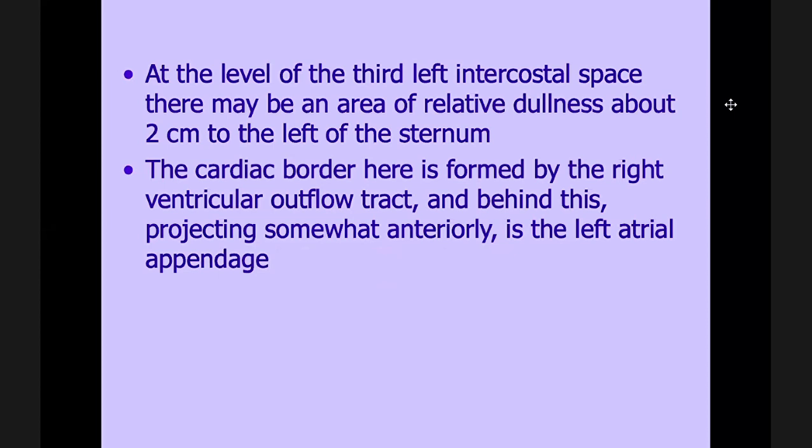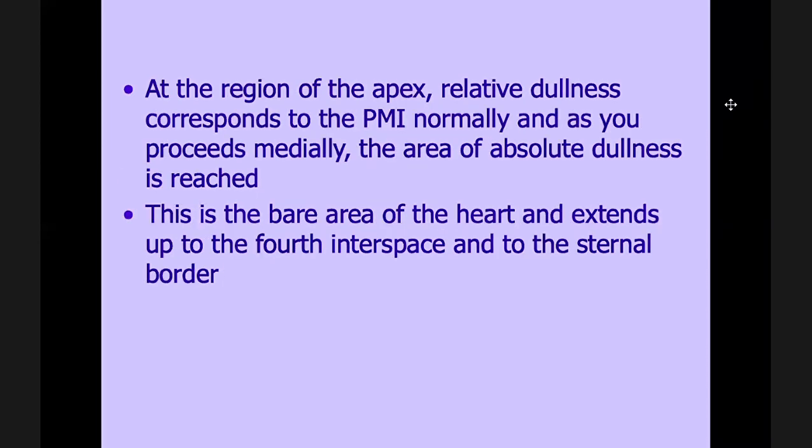The cardiac border here is formed by the right ventricular outflow tract, and behind this, projecting somewhat anteriorly, is your left atrial appendage. At the region of the apex, you will have relative dullness, and this corresponds to the PMI normally, and as you proceed medially, the area of absolute dullness is reached.